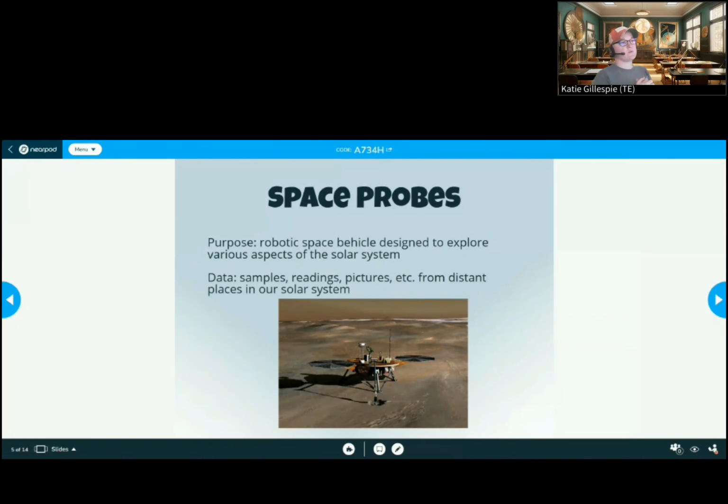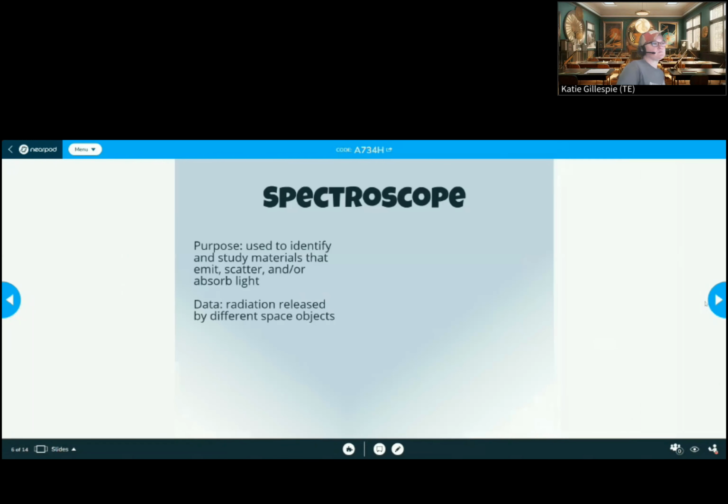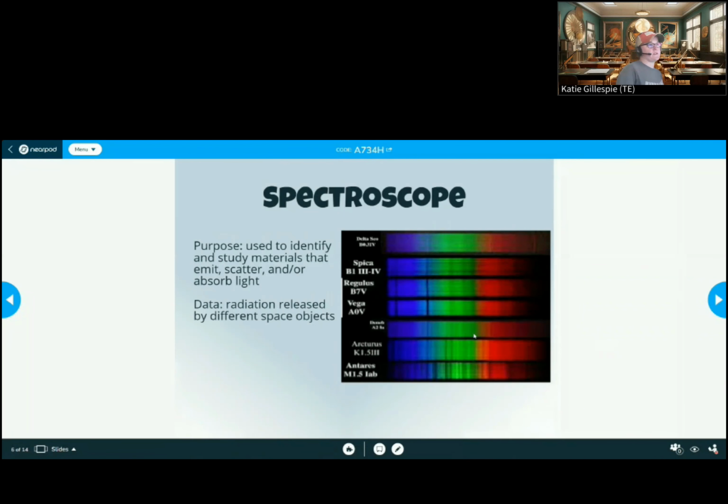So samples of soil, different readings, pictures, and then other places. Other places maybe what's in the atmosphere and things like that. So it gives us data. These don't have to come back, but that data is absolutely essential to learning more about what's out there.